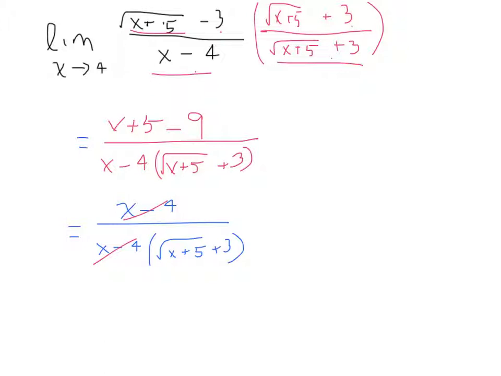And really we get an equivalent equation of 1 over radical x plus 5 plus 3. Now what we can do is use direct substitution.